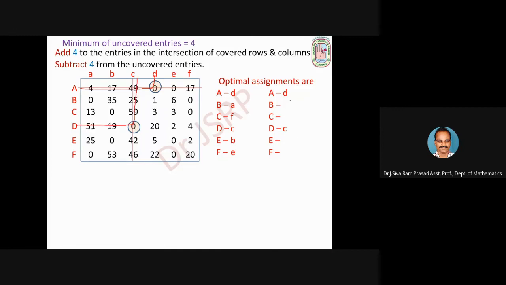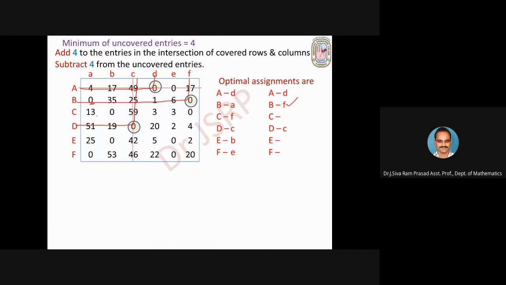These two are fixed. Capital B has two possibilities, small a and small f. In the previous case, I assigned capital B to small a. Now I assign capital B to small f.